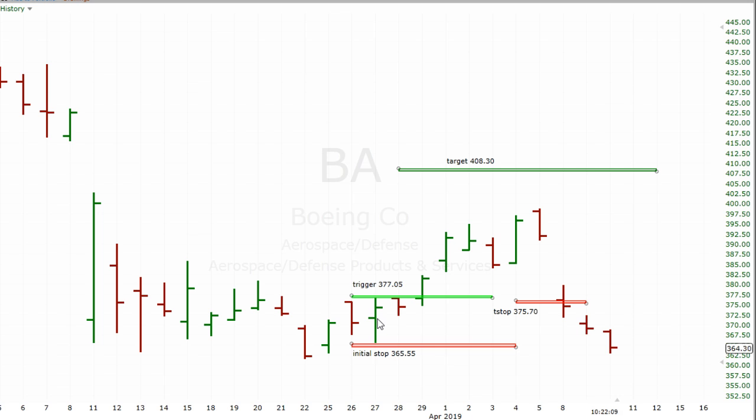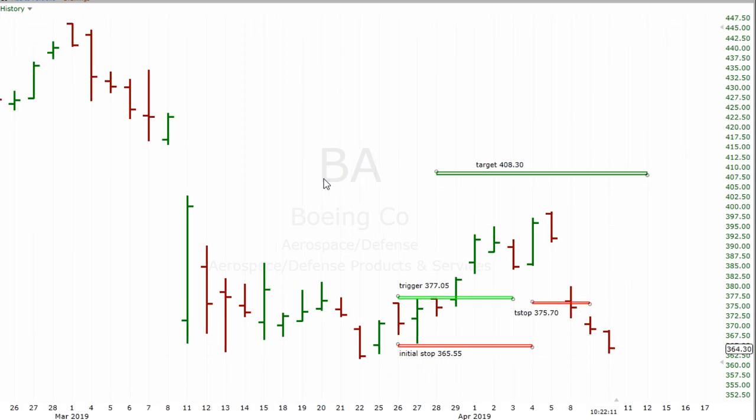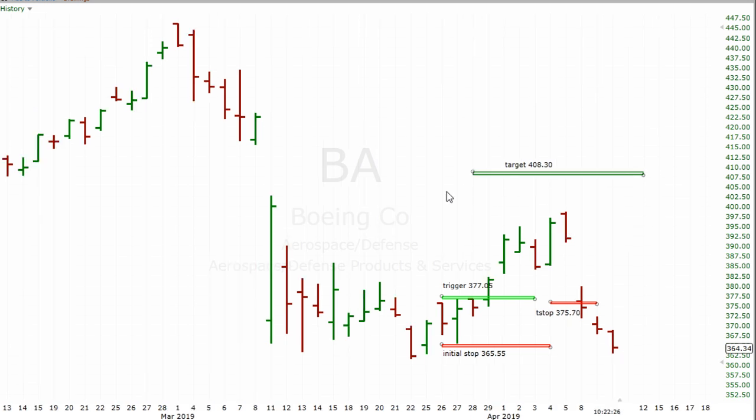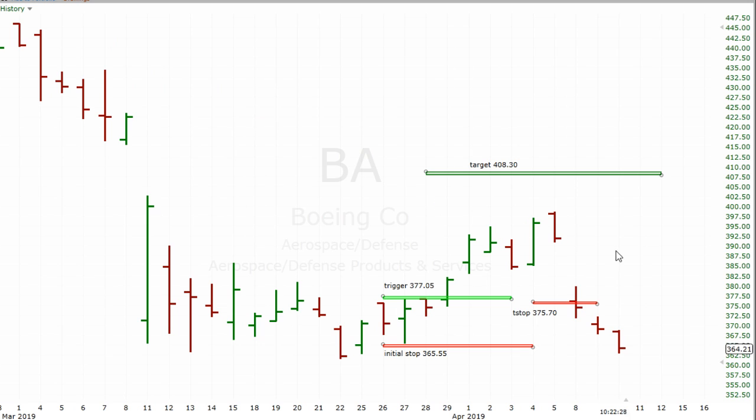That was the first interesting thing. And everything actually looked pretty reasonable. If there hadn't been the bad news that dropped over the weekend, this was really about 1 day, maybe 2 days away from the target, which looked pretty reasonable. But yeah, this was definitely a news catalyst stop out.